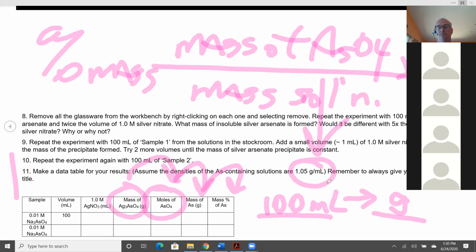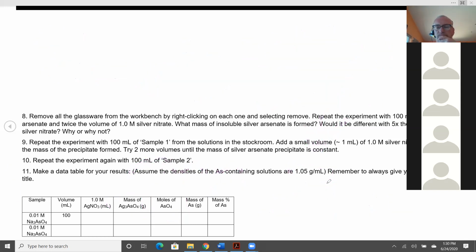And for volume, do we input into our data table the volume when we reach the precipitation point? No, you want the original volume that you used. When you're calculating the mass percent, you just want the mass percent of arsenate that was present in the original sample.